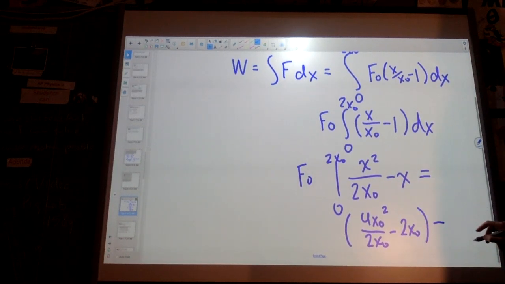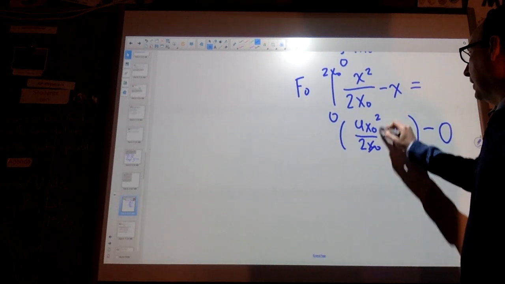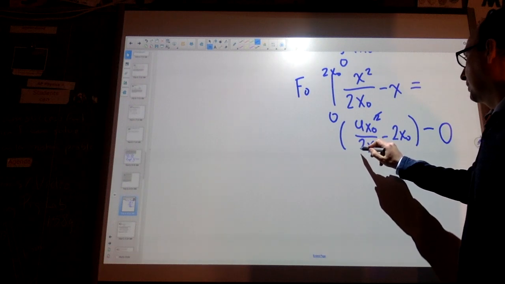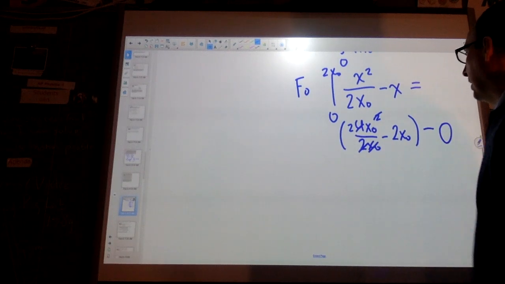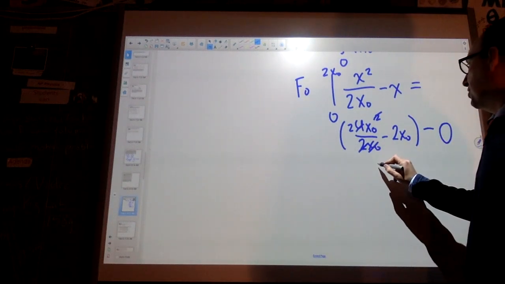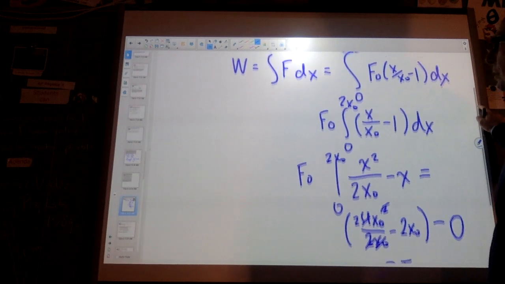My second term is just going to be 0. So I could cancel out an x naught, I could cancel out a 2, and I have 2x naught minus 2x naught. So I end up with 0 joules of work.